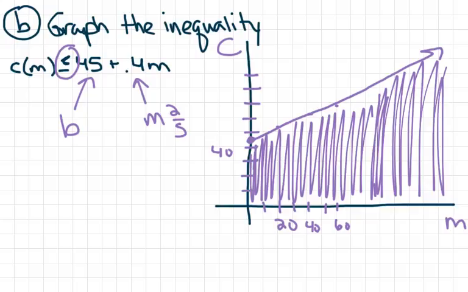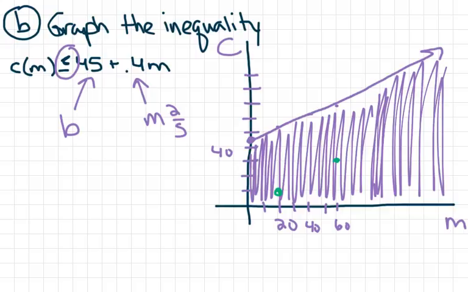The last thing I want to do is find some ordered pairs that satisfy the inequality. Well, there's an infinite number of those. So I could drive 20 miles and pay about $10. I could drive 60 miles and do $30.